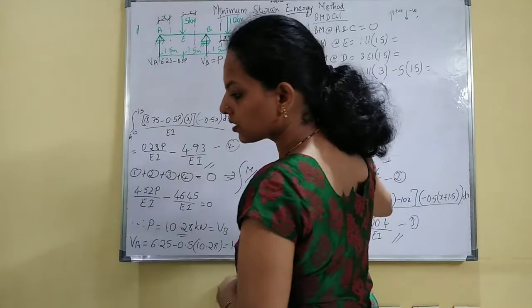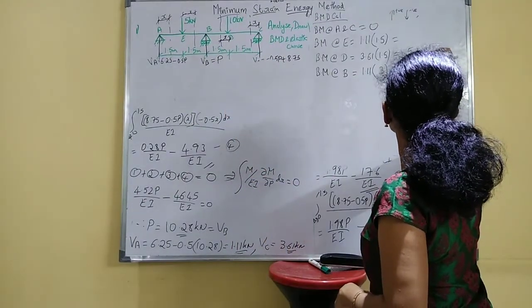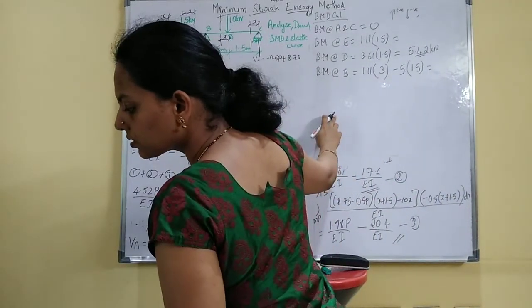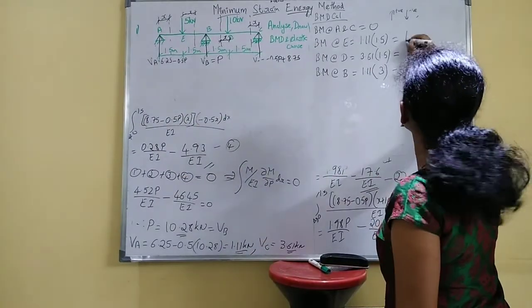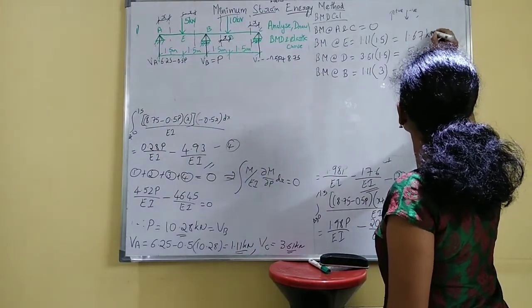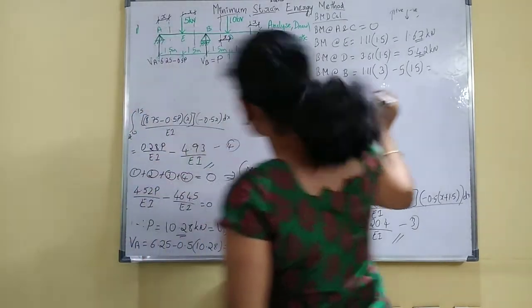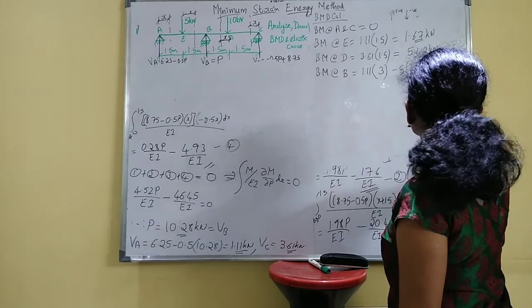D is 5.42 kilonewton. E is 1.67 kilonewton. And MB is minus 4.17 kilonewton.